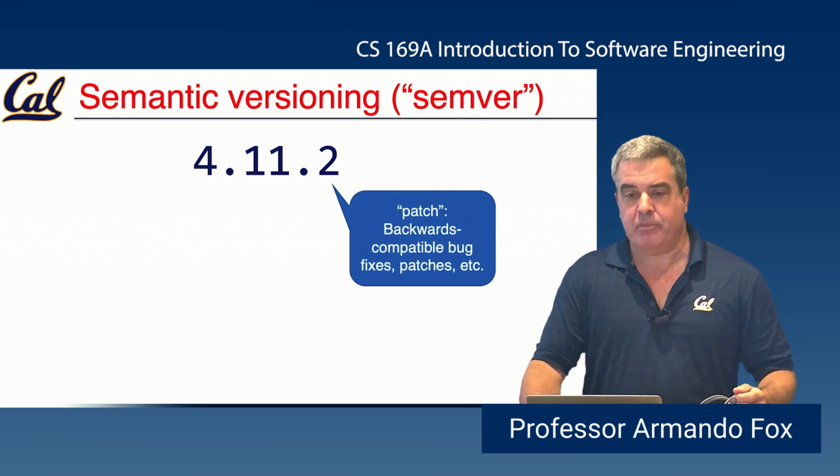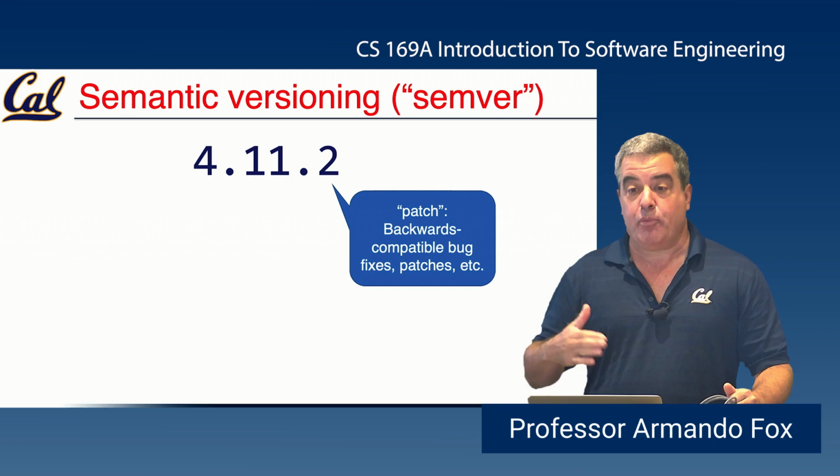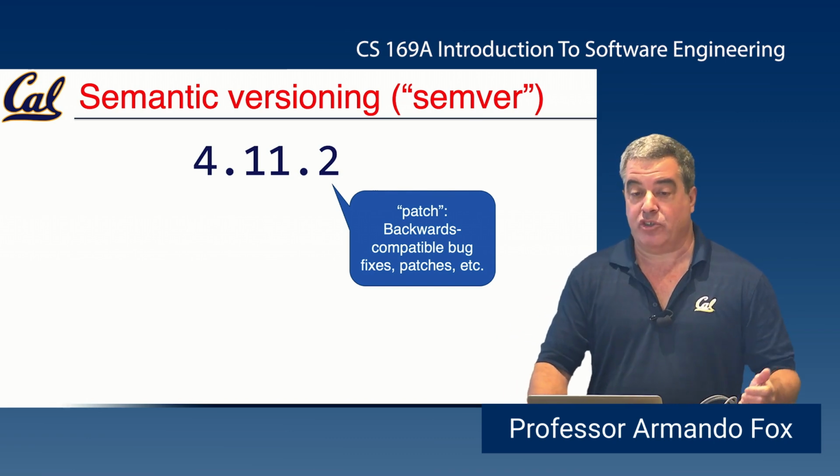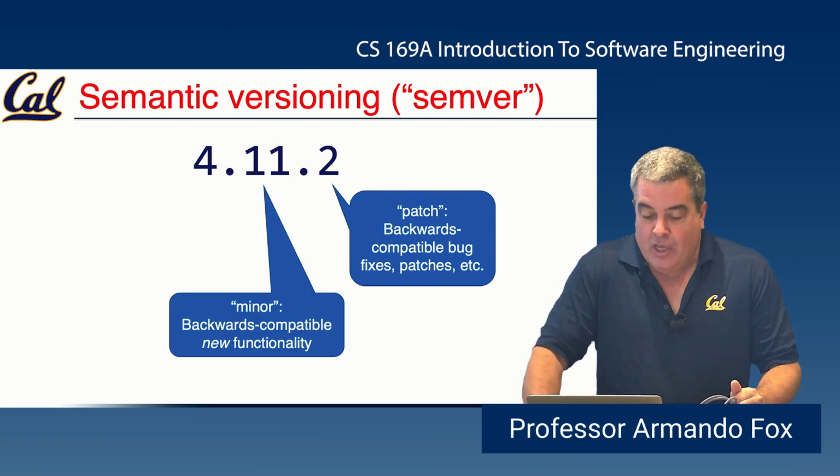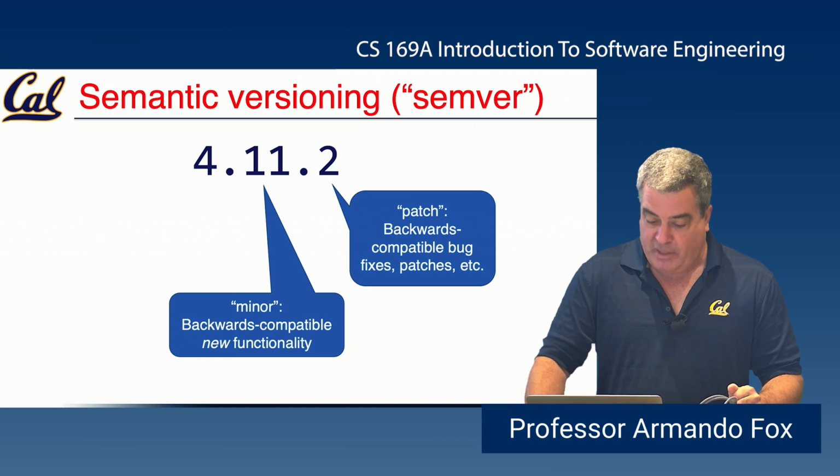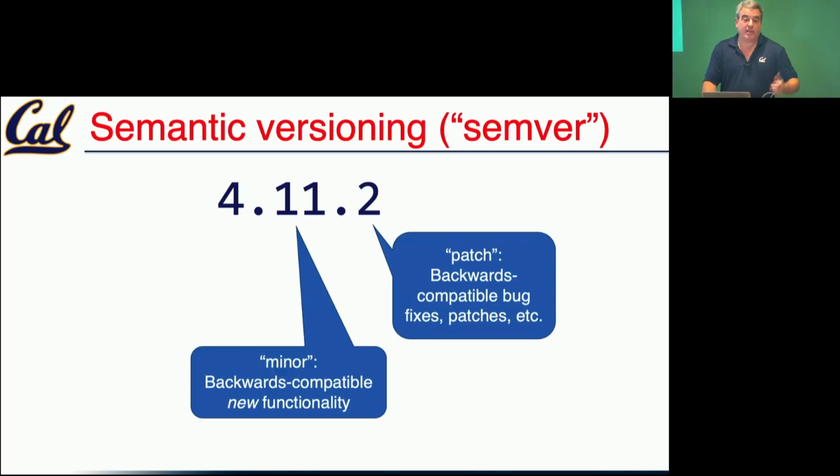And for the most part, it's safe for you to upgrade to use that version of the library without changes to your code. Usually an increase in the middle number, the minor version number, means that new functionality has been added, but it's backwards compatible. So nothing in your code will break if you upgrade, and there will be some new functionality available that maybe right now you don't need to use.